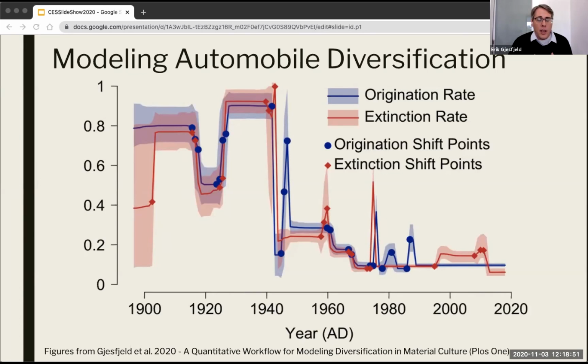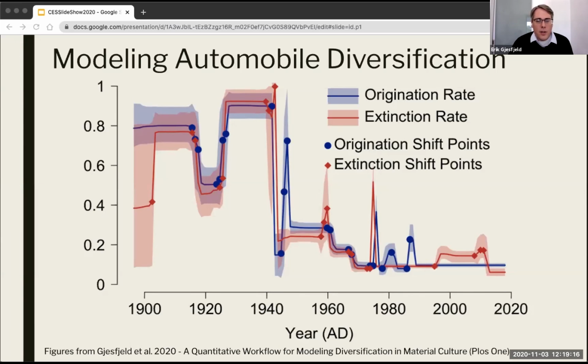We can see the impact of specific historical periods: a massive decline in both the origination and extinction rate during World War II, and then a much higher origination rate just after World War II, with the emergence of car culture in America during the late 1940s and early 1950s.